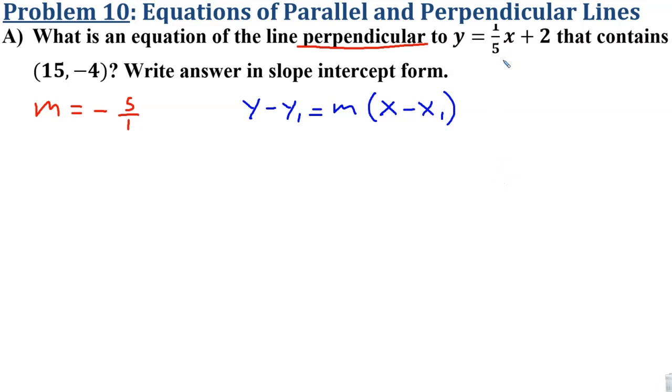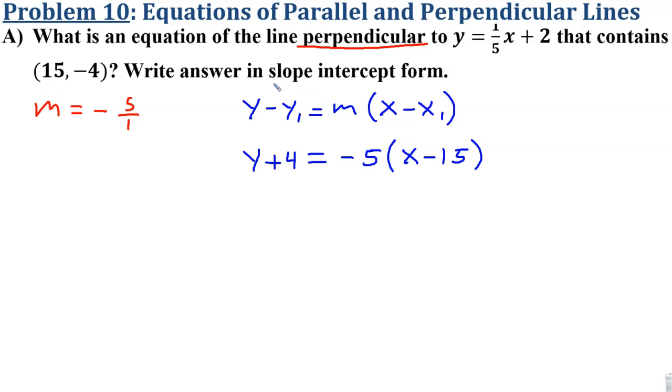We want to be perpendicular to the line given with this slope of -5/1, or we can just say -5. And then filling in the x and y values, we'll say x minus the x, so -15. And on the right side, y minus y, so minus -4, we're going to say +4. So there's an equation of a line perpendicular to the given line through this point.